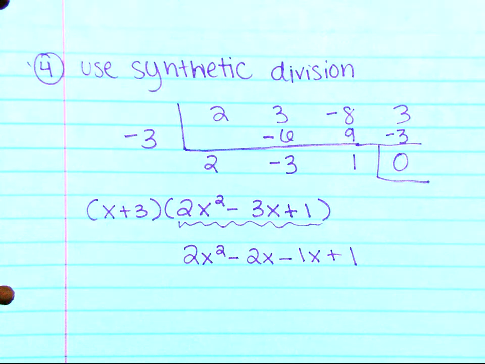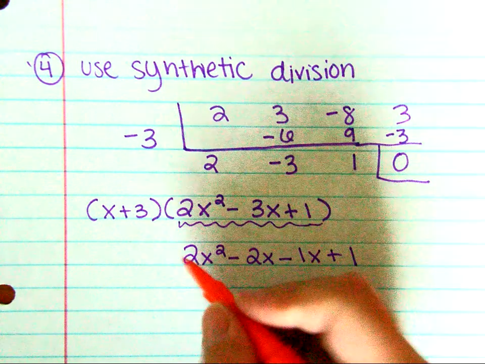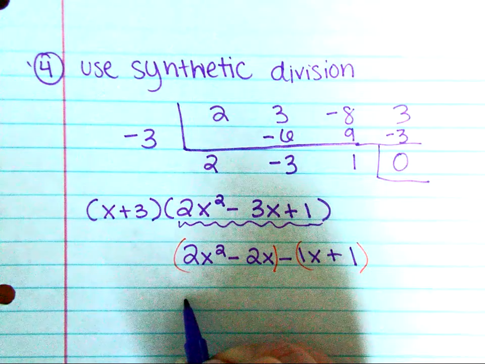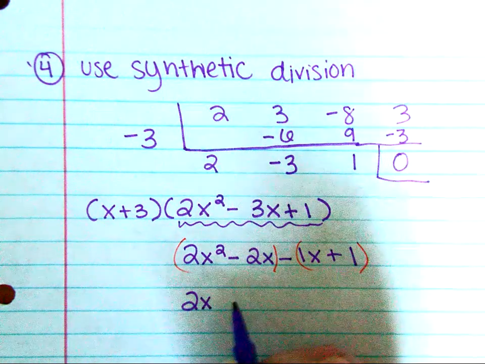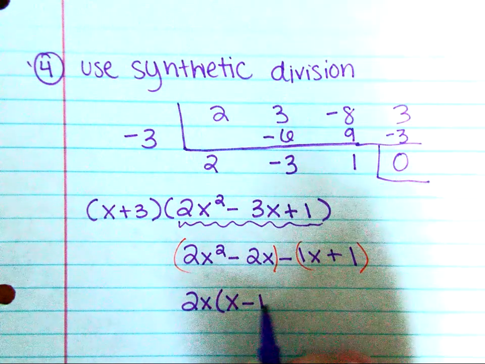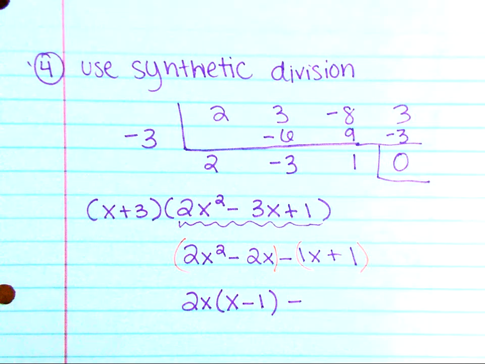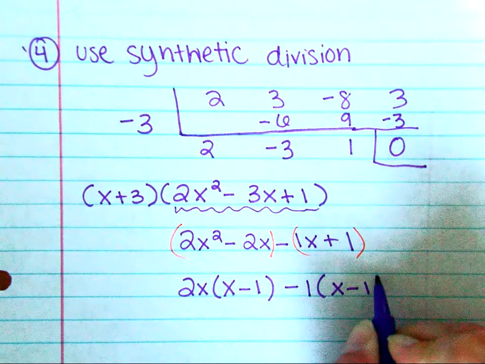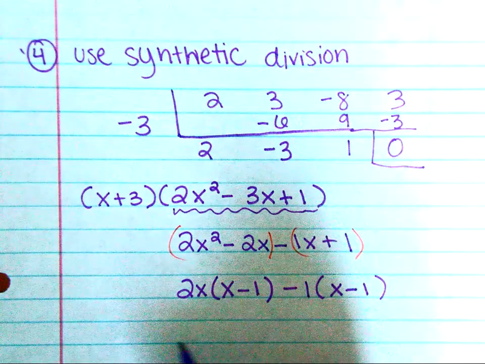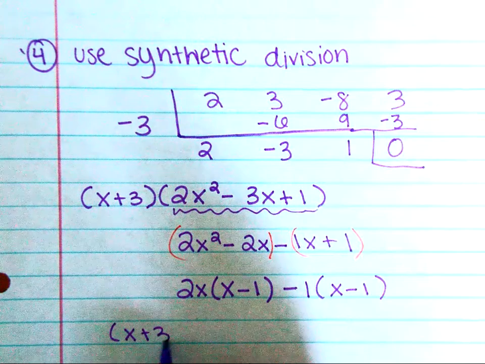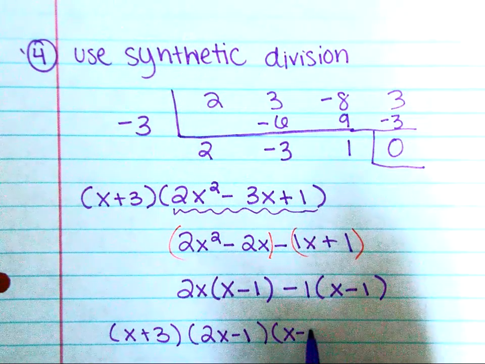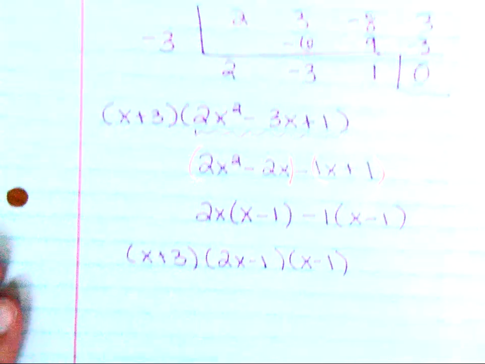Now I'm going to factor by grouping. Out of the first two terms I take a 2x minus 1. Then minus, those only have a 1 in common, x minus 1. Okay, so my factors are x plus 3, 2x minus 1, and x minus 1. And that is that original third degree polynomial factored.